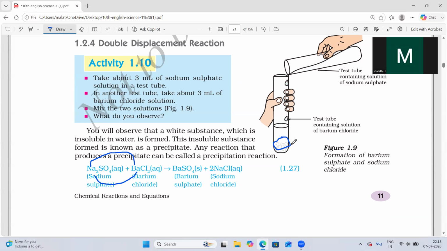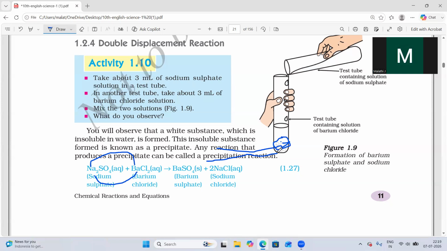Any reaction that produces a precipitate, which is not soluble in water, is called a precipitation reaction. Precipitation itself indicates an insoluble solid formed during the reaction.